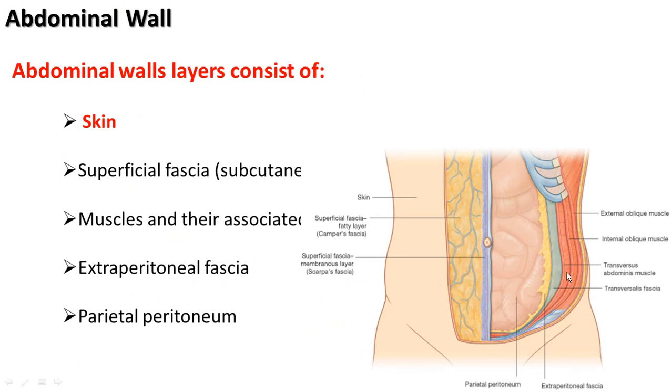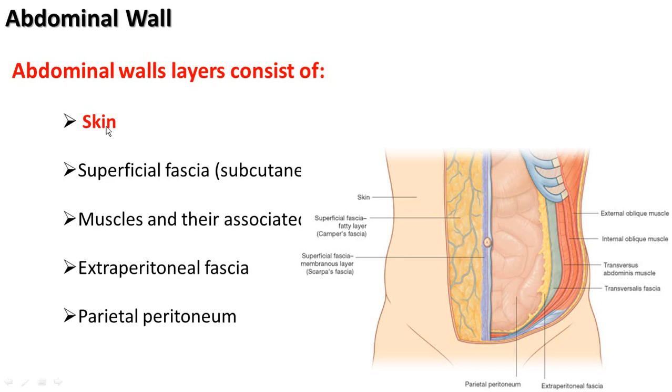Now we are going to talk about the abdominal wall's layers. The anterior abdominal wall is firm and elastic, and it consists of eight layers, from superficial to deep.